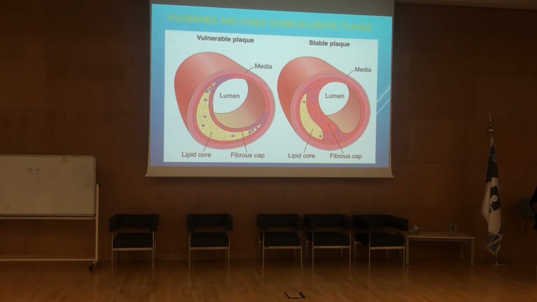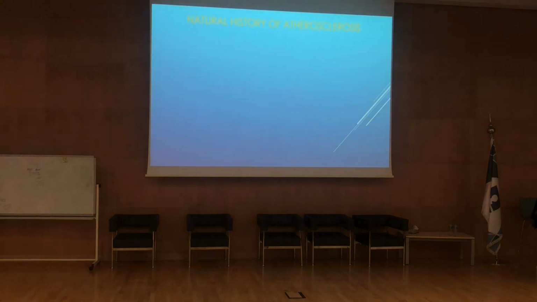Matrix metalloproteinase. These metalloproteinases actually break down the collagen, and it helps in rupturing the cap, right? And here the cap is so thick and the inflammatory cells are very few, so the chances of rupture are very low here. Even the lipid content is also low, right?